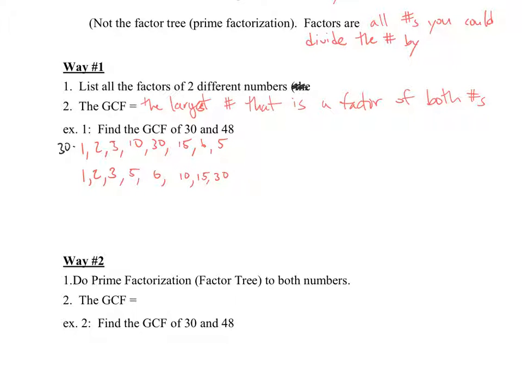So now let's list them for the number 48. We got 1 and 48. That's always going to be factors, 1 and the number itself. 2, it's an even number, so 2's got to go in there. 2 times what? 24. What about 3? 12, because 4 plus 8 equals 12.